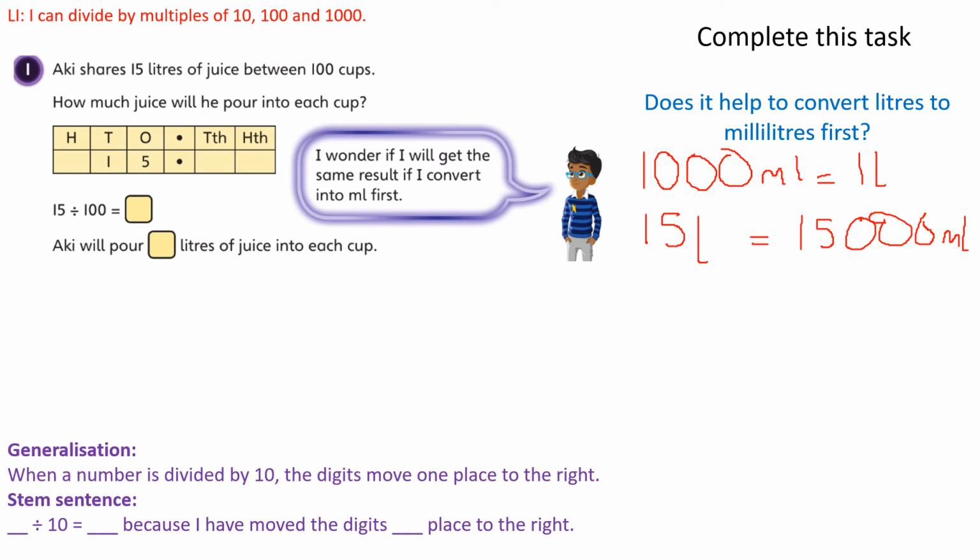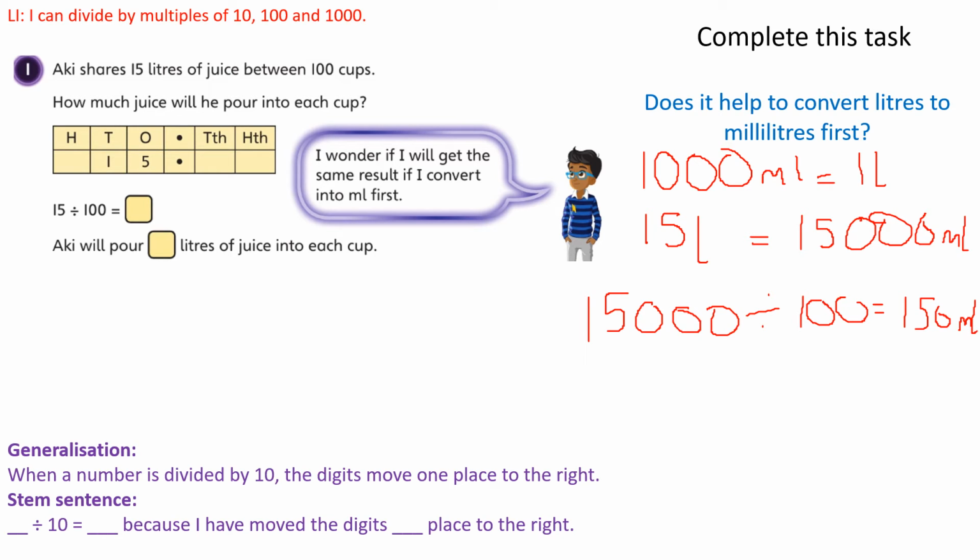Now I can divide by 100. So I do 15,000 divide it by 100 equals 150 millilitres.